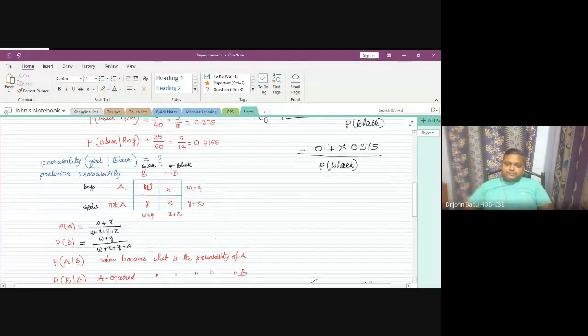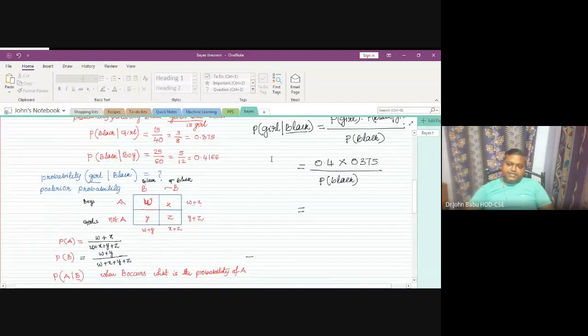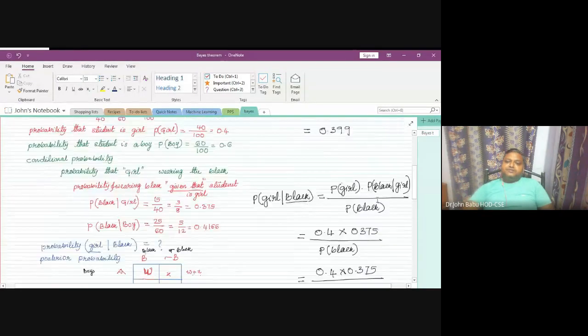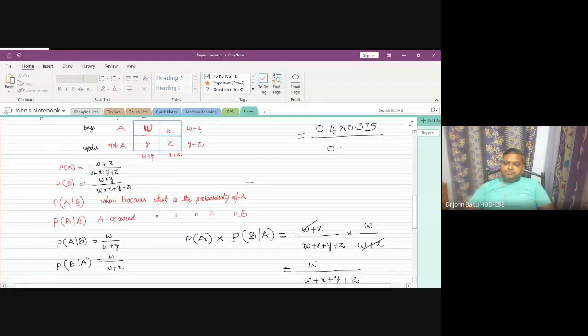So the probability that given that a student wears a black, the probability that it is a girl is 0.4 into 0.375 by 0.399. That means almost 0.4. So this is equal to 0.375.